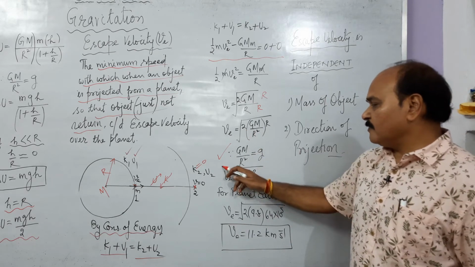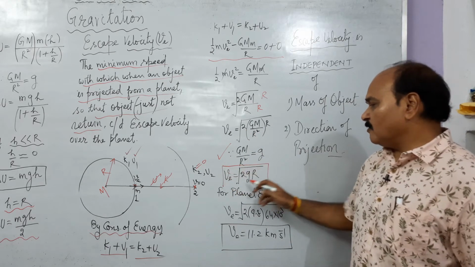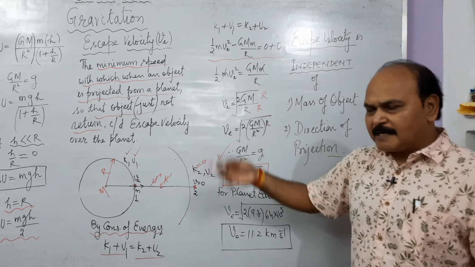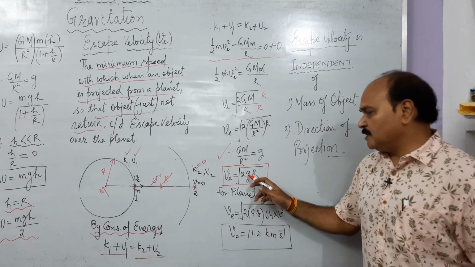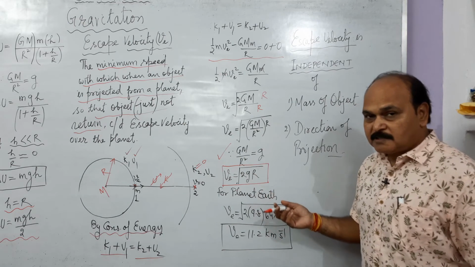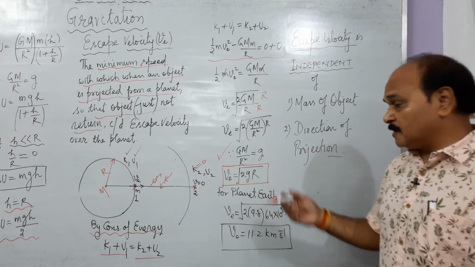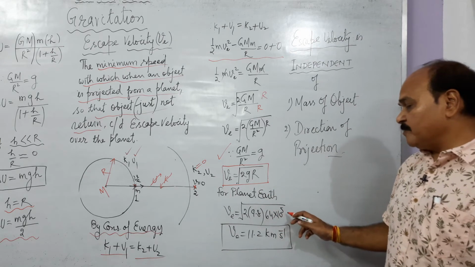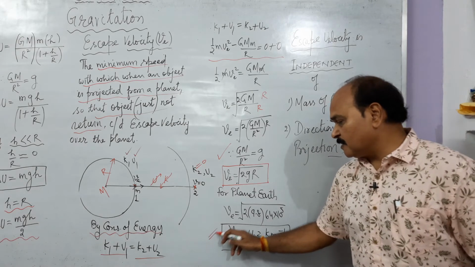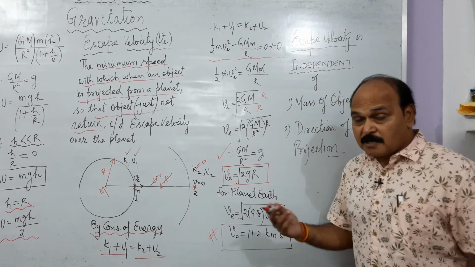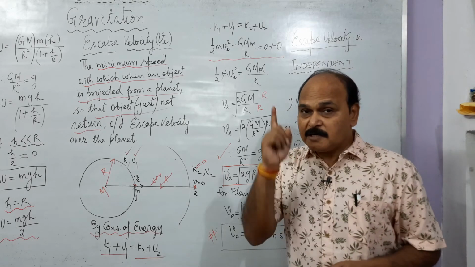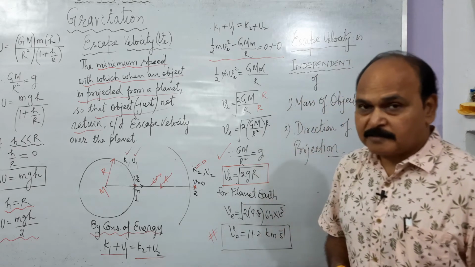This is the value of escape velocity or escape speed over a planet. For planet Earth we know g is 9.8. R is the radius of the Earth, that is 6400 kilometer, that is 64 into 10 to the power 5 meter. If we solve it, what do we get? 11.2 kilometer per second. So over Earth's surface, the value of escape velocity is 11.2 kilometer per second.